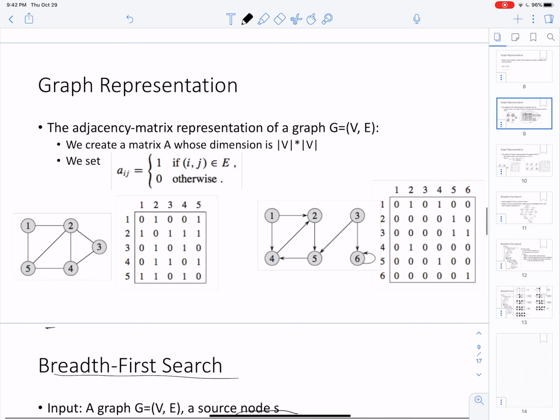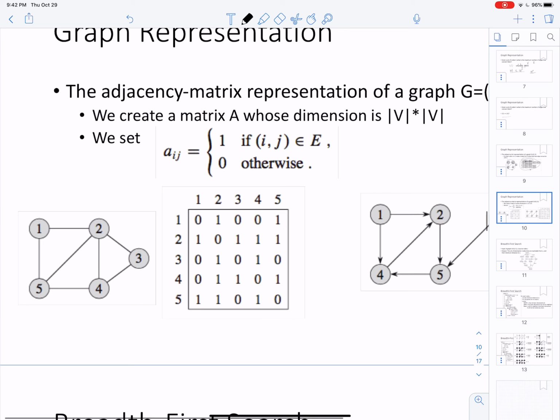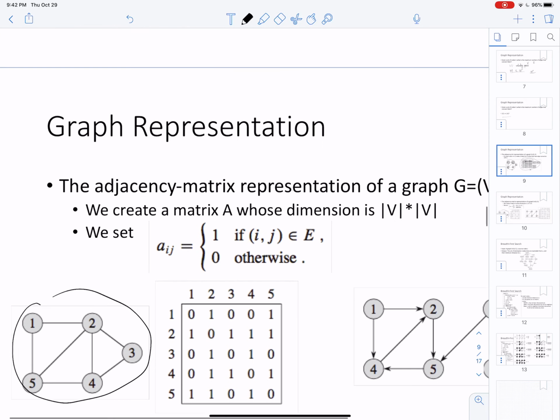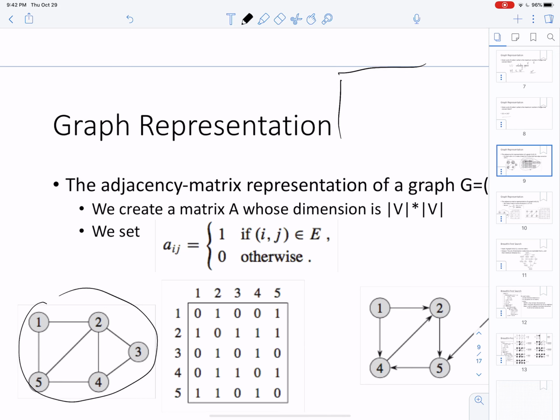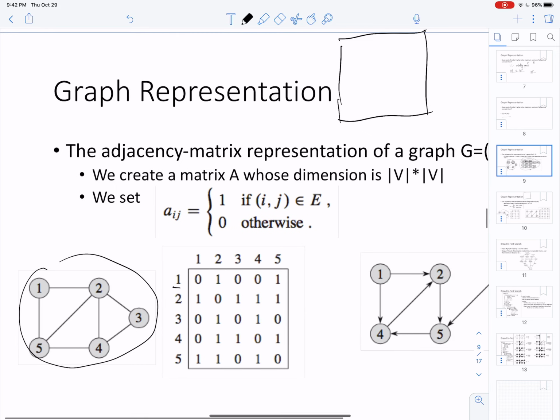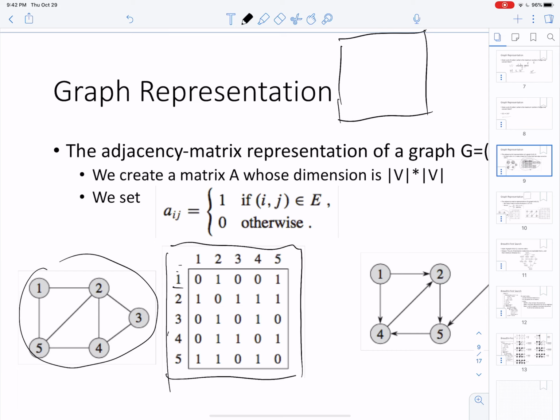For example, if we look again at the graph on the left hand side, in which we have 5 nodes, then we create a matrix whose size is 5 by 5. This is the matrix that we created.